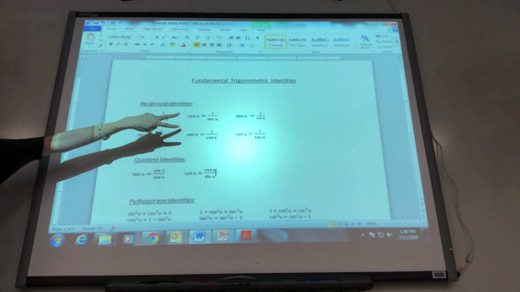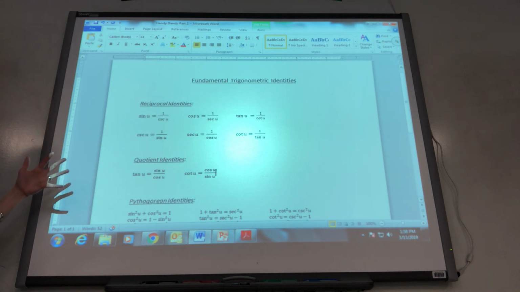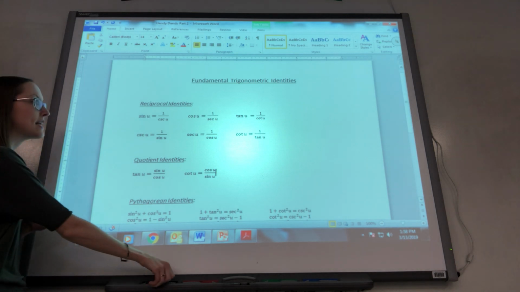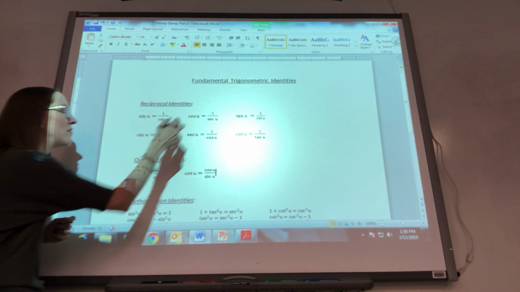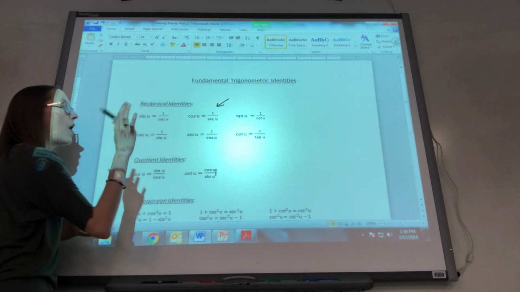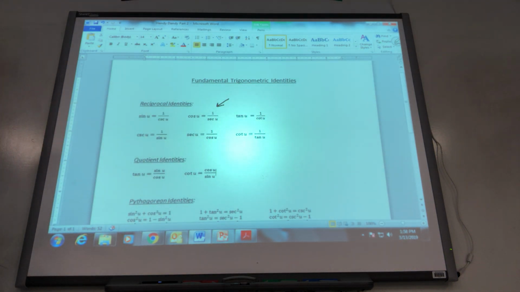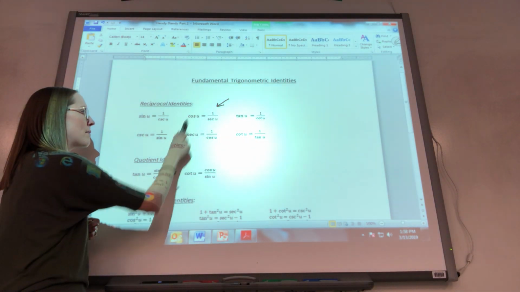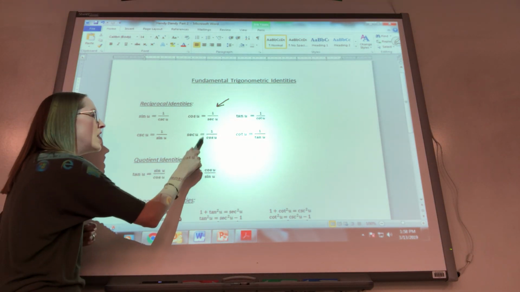You can use those even if the trig functions are being squared. I'm going to try to write on this and we'll see what happens, okay?